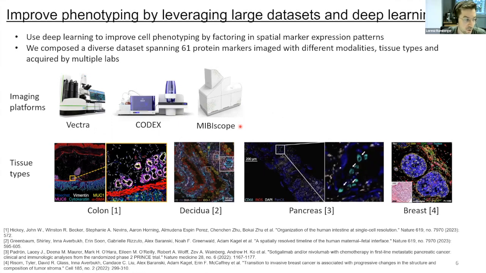And with different tissue types like colon tissue, decidual tissue, pancreatic tissue, and tissue from triple negative breast cancer. All of these sub data sets were acquired by different labs, some of them at the Memorial Sloan Kettering Cancer Center, and some of them at Stanford University.